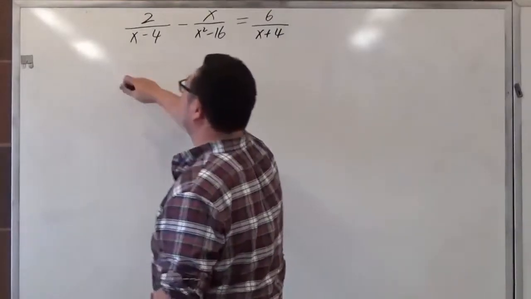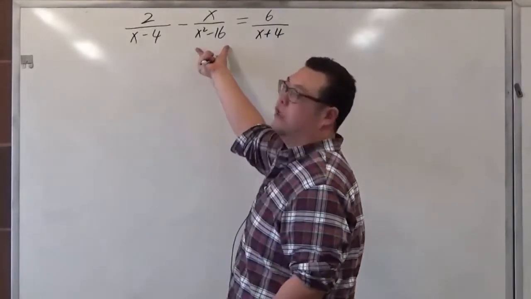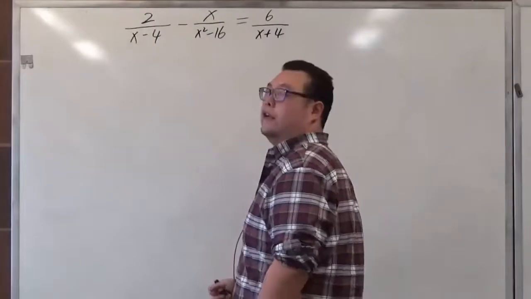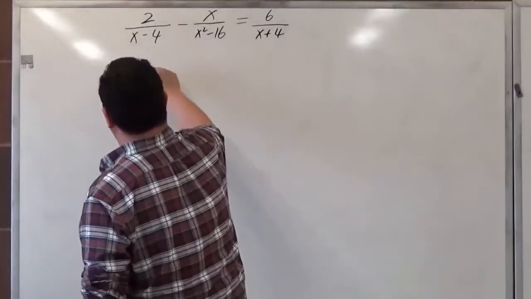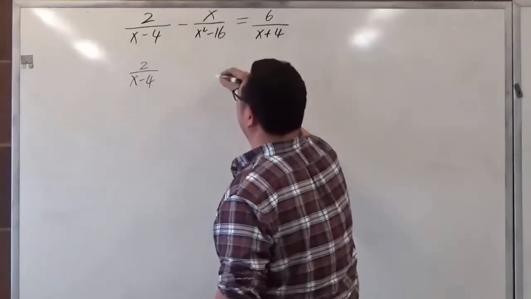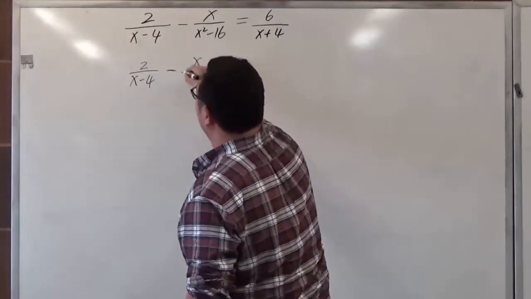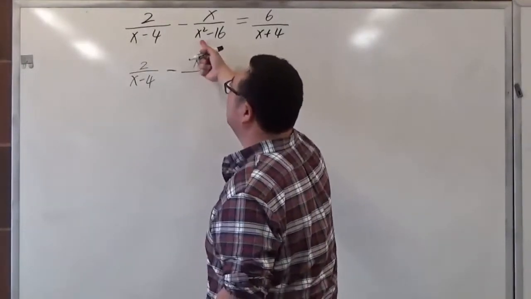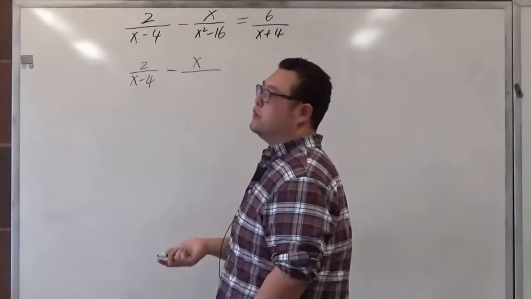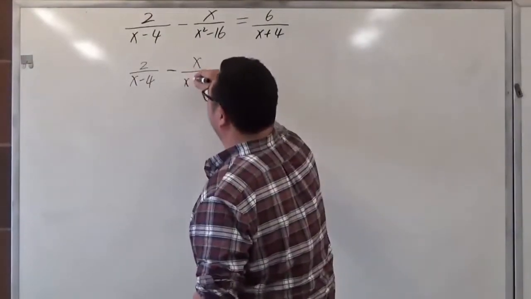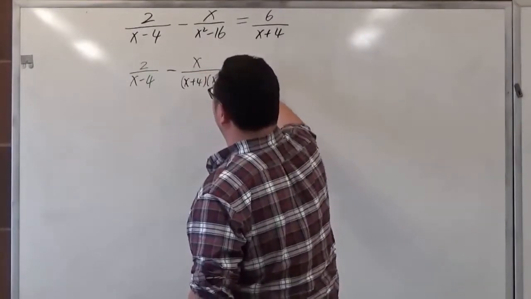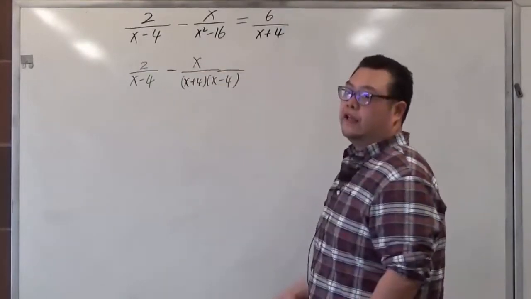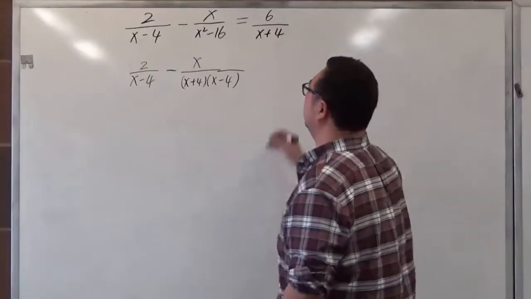And on the third term, we have x plus 4 as the denominator. So what we could try to do first is factor x squared minus 16. The one we didn't touch, we just copy down. X squared minus 16, where 16 is the square of 4, so we have the sum and the difference, x plus 4 times x minus 4.